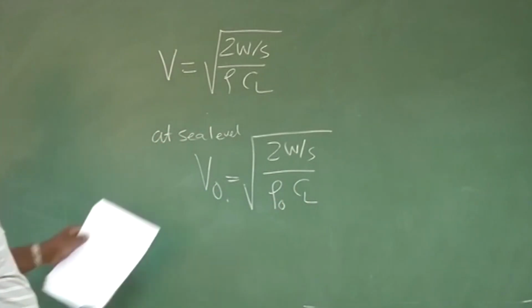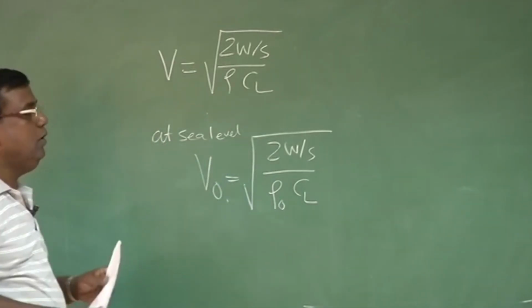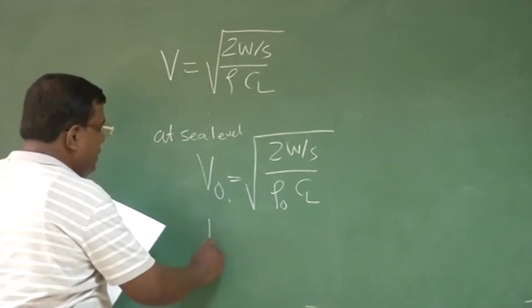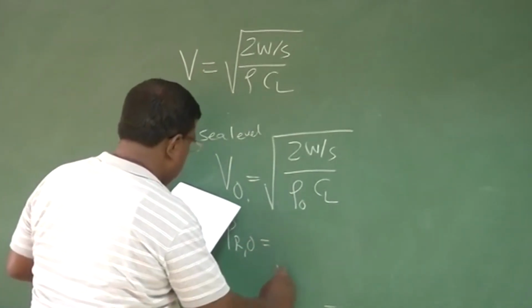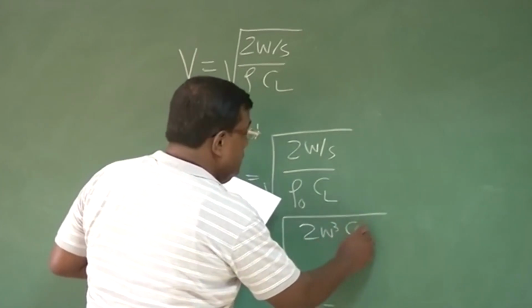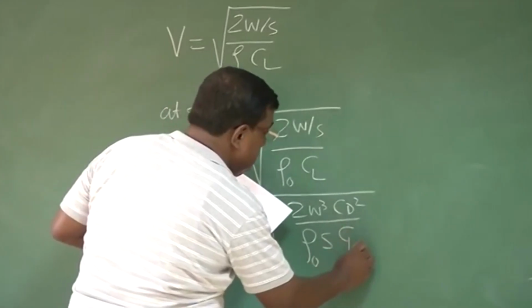So this V naught represents sea level condition. Rho naught is sea level density. Similarly, power required at sea level will be, we know this expression, root of 2W cube CD square by rho naught S CL cube.